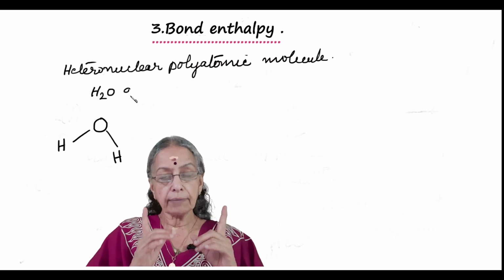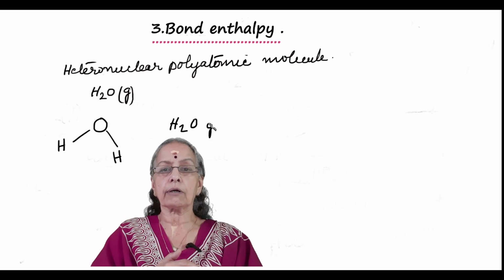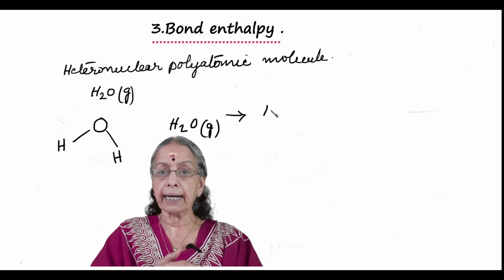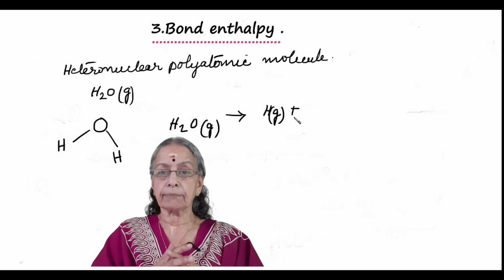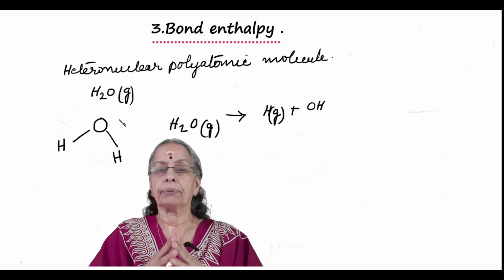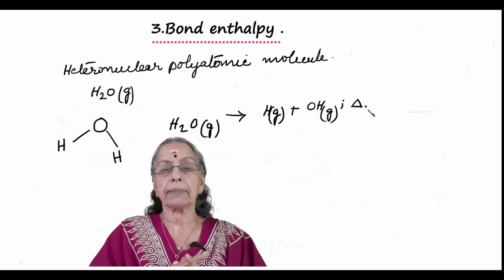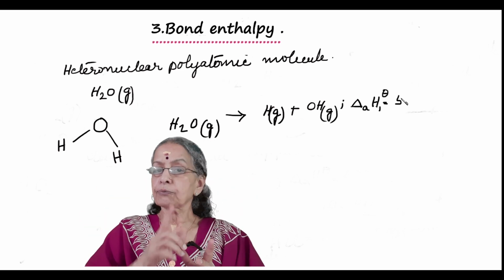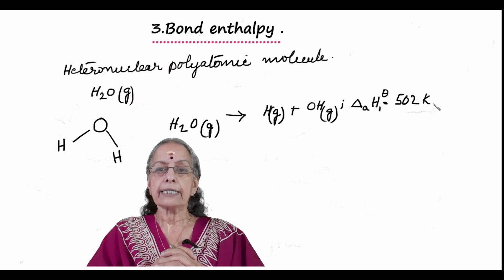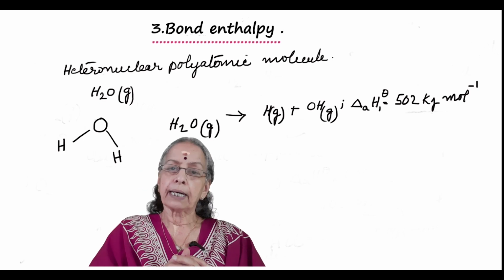1 mole of gaseous water first absorbs some amount of energy and breaks up into 1 hydrogen atom plus 1 OH group, all in gaseous state. And the molar enthalpy number 1, that is for breaking the first bond, has been found to be 502 kilojoules per mole.